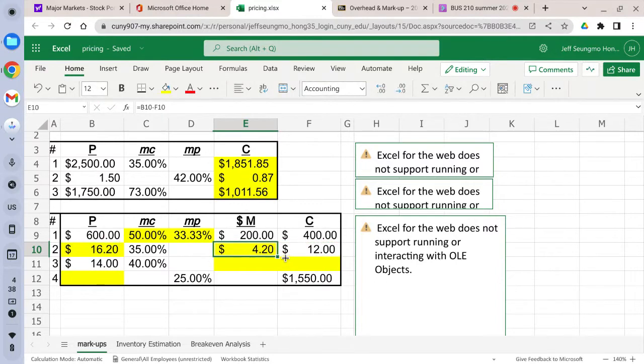Okay. Also, you can do it this way as well. I mean, we know the markup rate based on cost is 35%. So dollar markup must be 35% of cost. There you go.